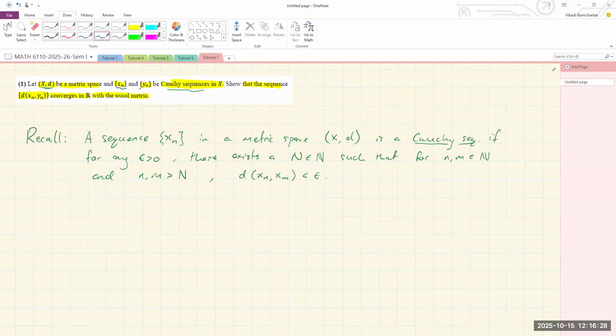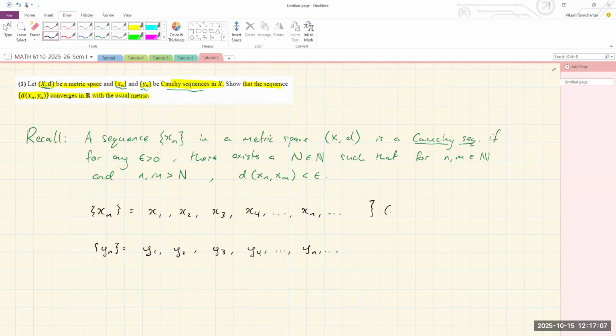So in this question, we are given two such sequences, xn and yn. So let's maybe try to visualize what's going on here. This first sequence, x1, x2, x3, x4, and we keep going, xn. And then we have another sequence, call it yn, given by y1, y2, y3, y4, yn, and we keep going.